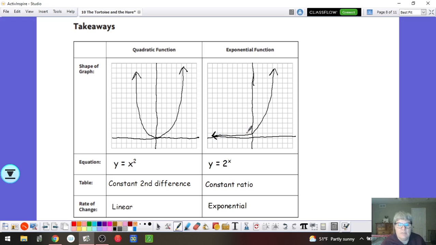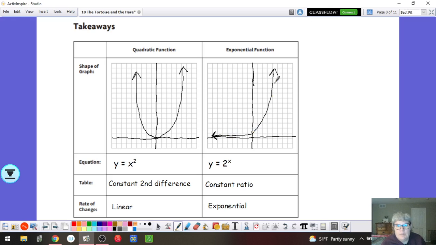And when students ask me why that was the case, I said, well, if we keep dividing to get the next value, we're never going to get exactly 0 because you can't divide and get exactly 0. We can get really, really close, and I could zoom in on the graph and I could see that there's a little bit of space between this end of my curve and the x-axis.